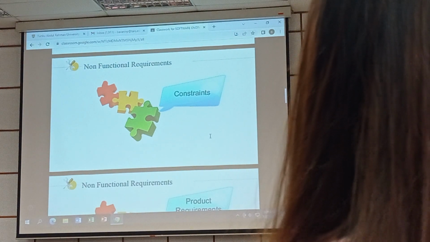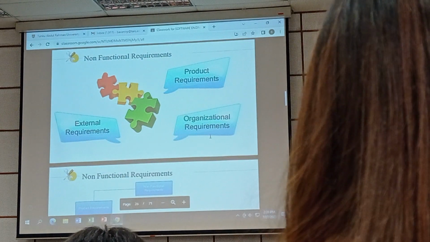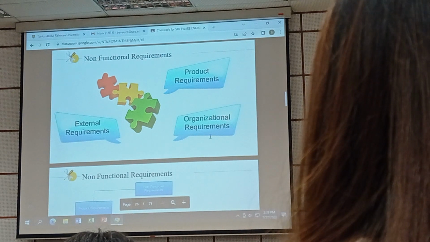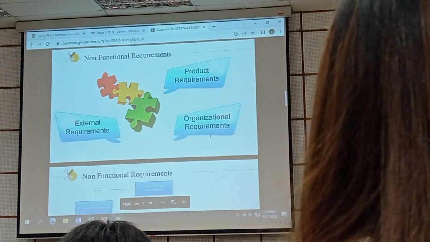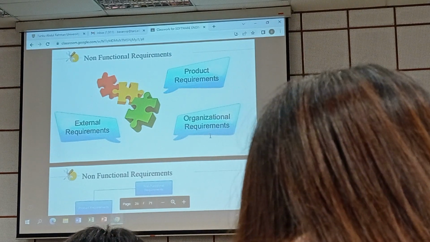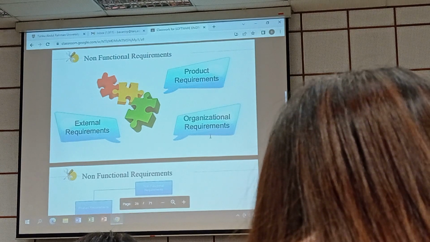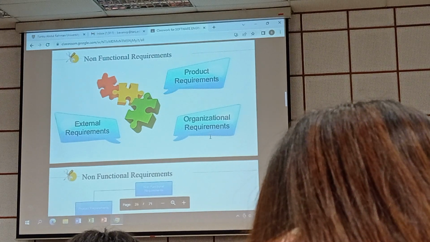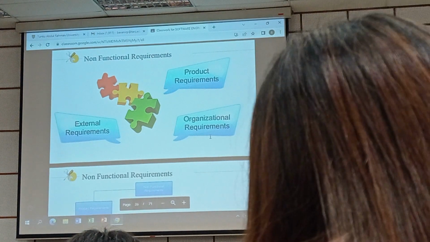When we talk about non-functional requirement, basically we have three: the external requirement, the product requirement, and the organization requirement. Three requirements. Remember, okay?